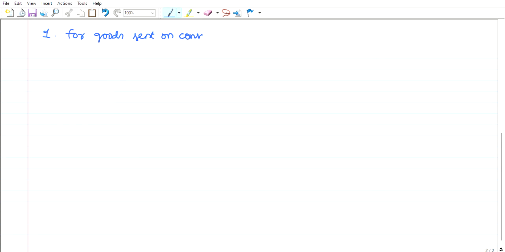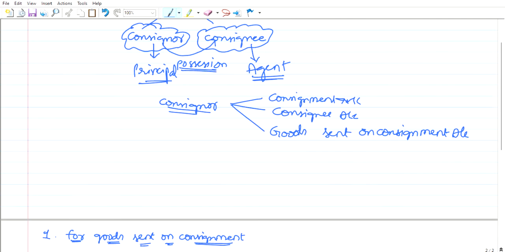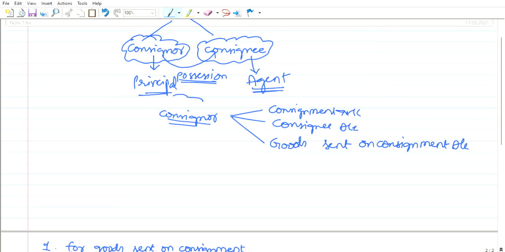First let us write the headings, and later we shall write out the journal entries required in the books of consignor and in the books of consignee. So these are the accounts which we will be preparing in the books of consignor. But in the books of consignee, he is going to maintain only the consignor's account.